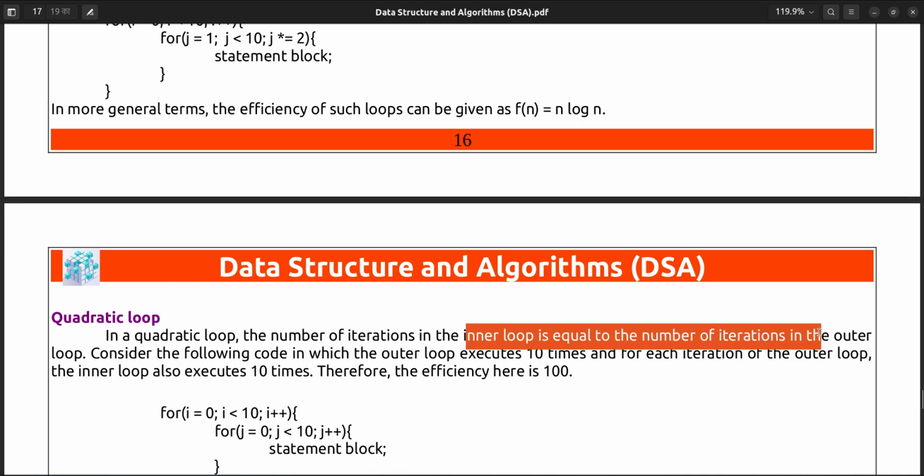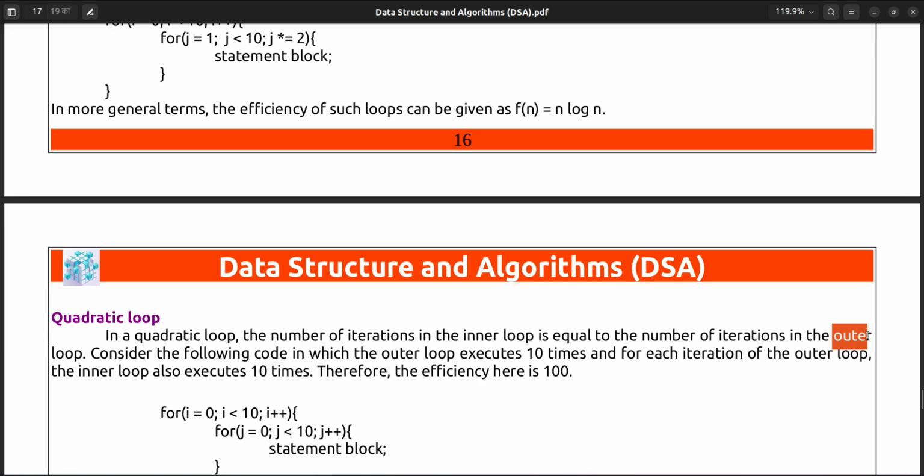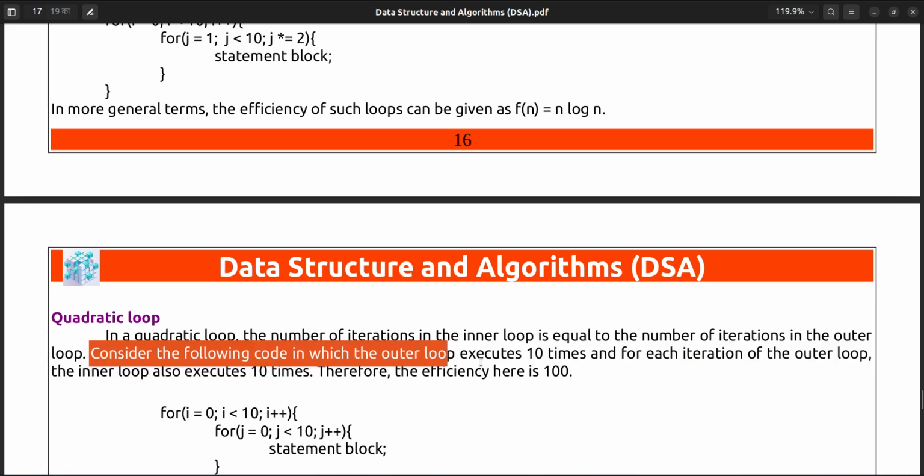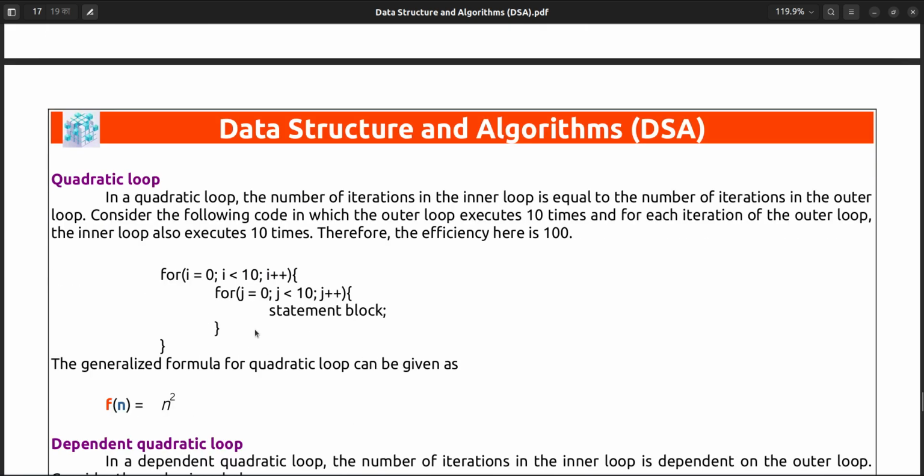If it is equal, then consider the following code in which the outer loop executes 10 times. You can see here i is equal to 0, i less than 10 and i plus plus.